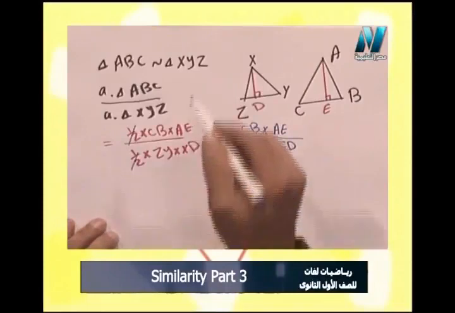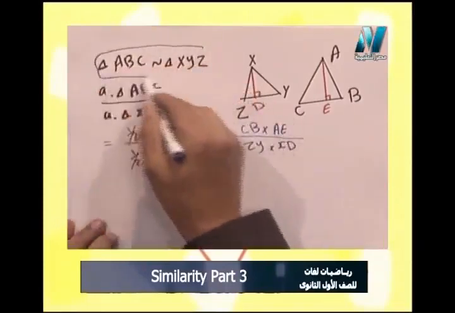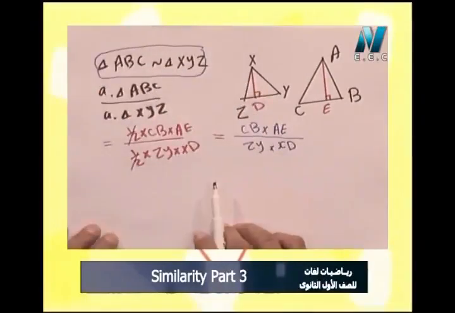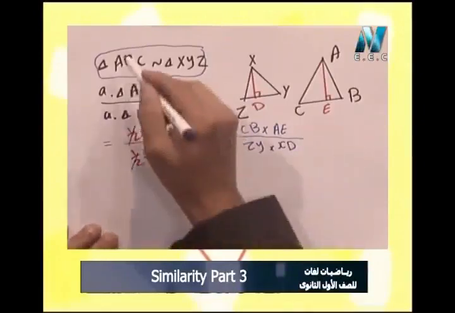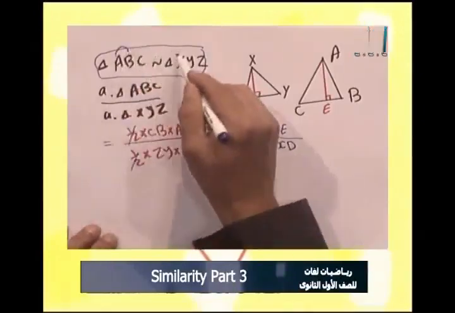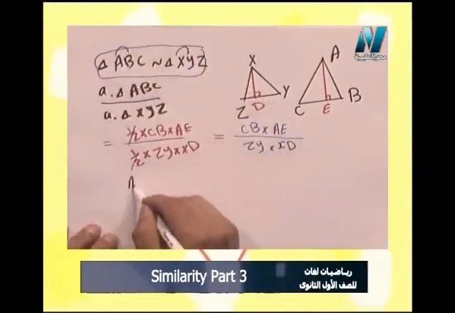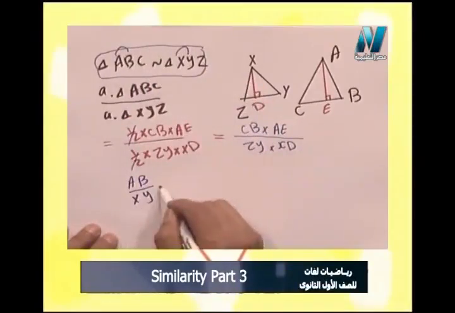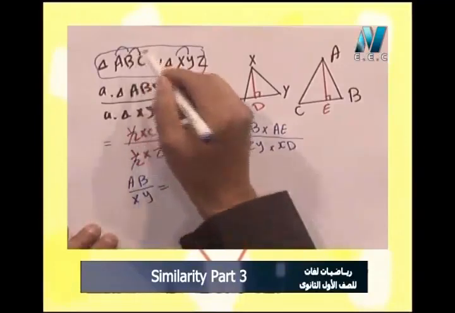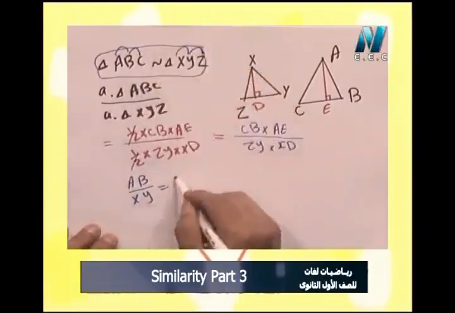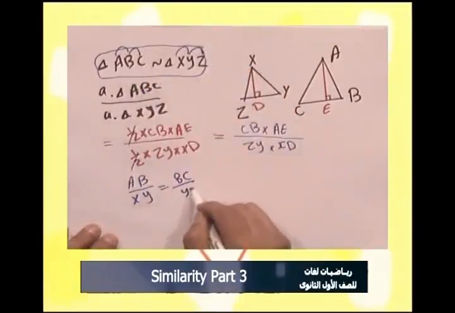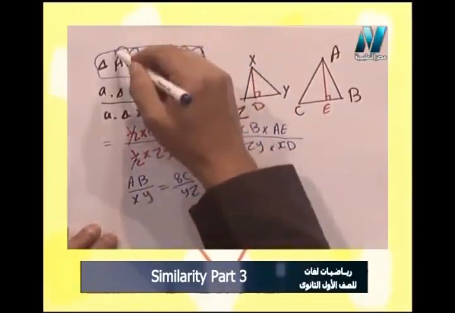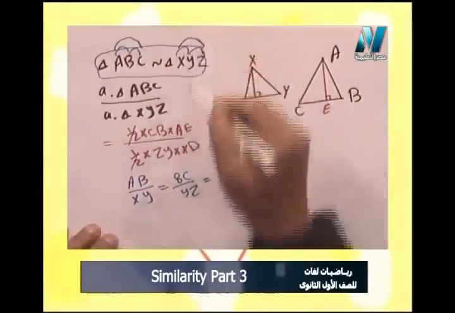And we know that the two triangles are similar here, so we can write their ratios here. AB over XY equals BC over YZ equals AC over XZ.